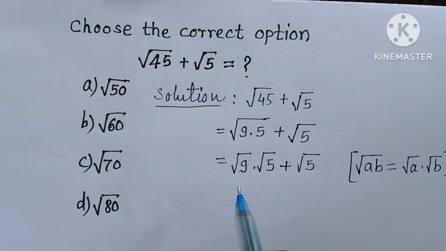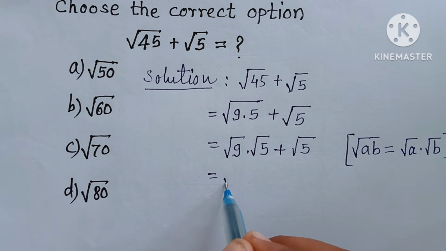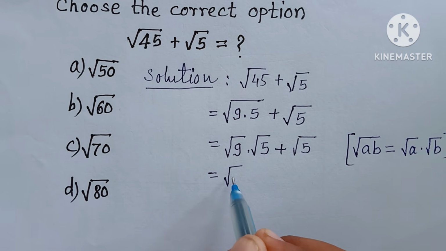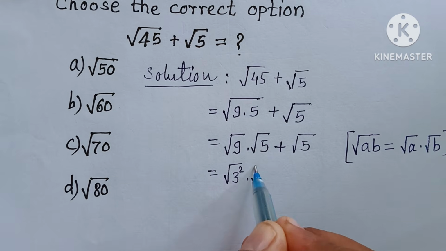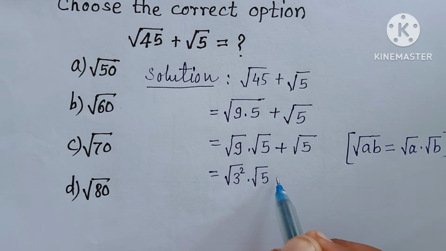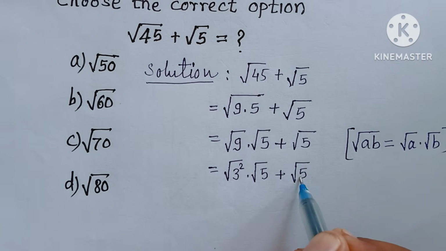Now see how we can solve this. Now under root 9 is the square of 3, into under root 5 plus under root 5.